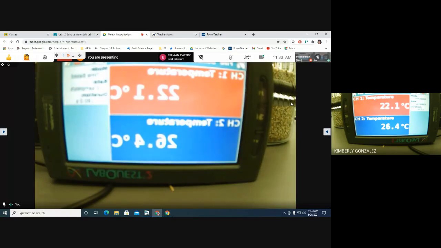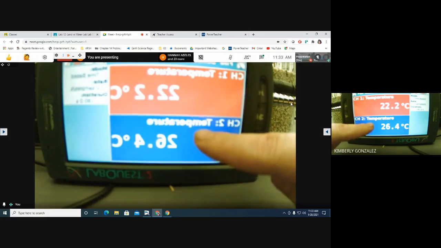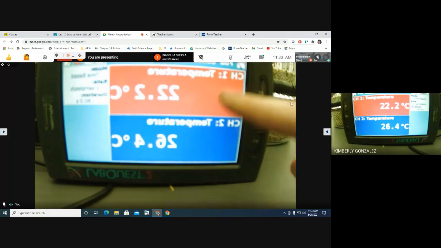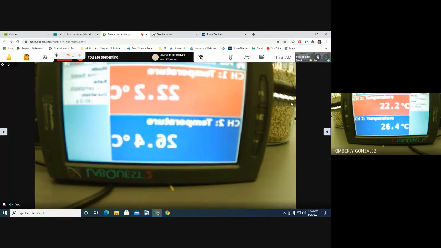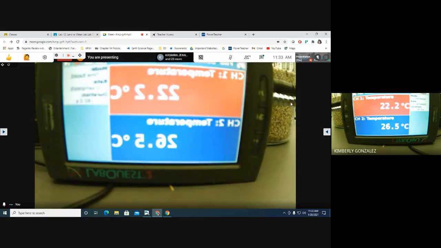But you can see that the sand is starting to cool off a little bit now, because it went up to what, 26.6? And now it's starting to come down a little bit. Because metal is going to be a good conductor of heat and electricity, which also means it's going to release the heat as well, which is why you may see this fluctuate a little bit for the first couple of minutes, because the metal itself is releasing the heat to the sand.